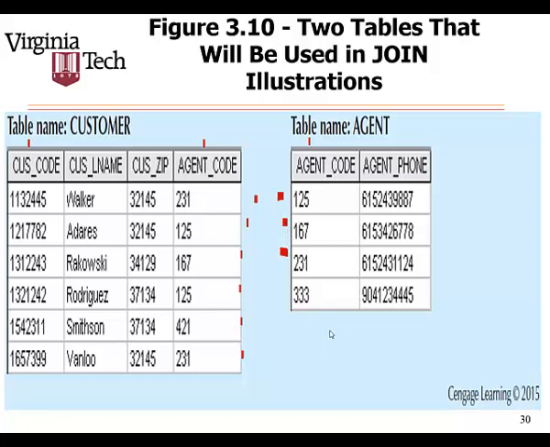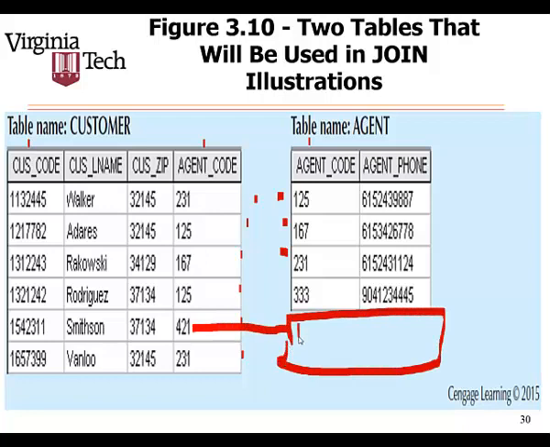So we end up with 421, but there is no 421. So with the left outer join, we get this row, which we saw down there. And then in a right outer join, we get this row because there's no matching customer for it.